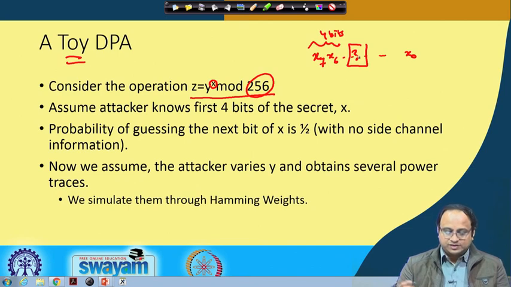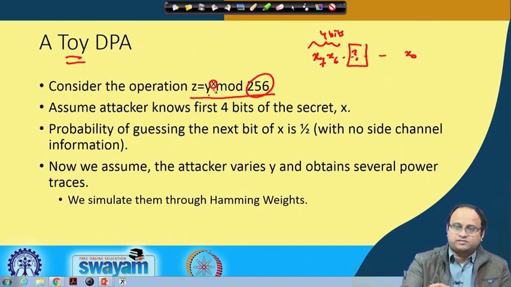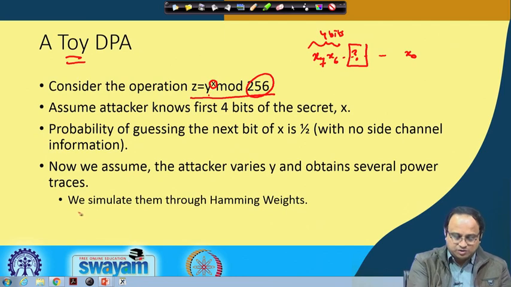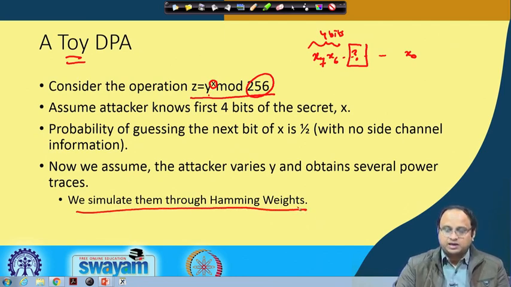So the probability of guessing the next bit with no side channel information is half, because I have no way to understand whether it is 0 or 1. So now we assume that the attacker varies y, that means the attacker changes the value of y and obtains several power traces. Like in Kocher's attack we were observing the timing, here we are observing the power signal. So we can simulate them just to understand by Hamming weights.